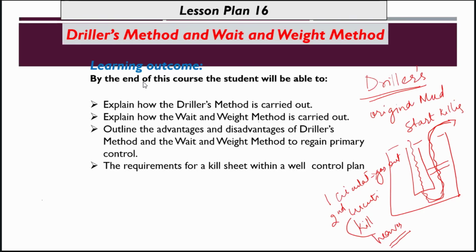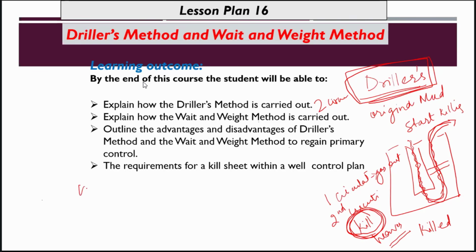There is a calculation for how to calculate your kill mud weight. So with that calculation, you will pump a heavy mud inside and out, and then your well will be killed. So driller's method takes two circulations, okay? Driller's method is a two circulation method. In one circulation, influx is out, and in the other circulation, the well is killed.